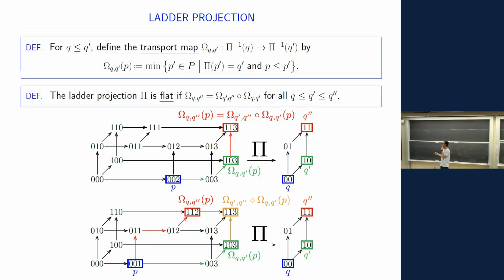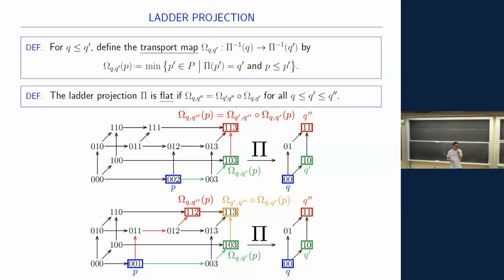If q is smaller than q prime, smaller than q prime prime, here blue, green, and red, I take an element p in the fiber of q, then I can transport it to the fiber of q prime, and then transport the result to the fiber of q prime prime. I want this to be exactly the same as if I had transported p directly to the fiber of q prime prime.